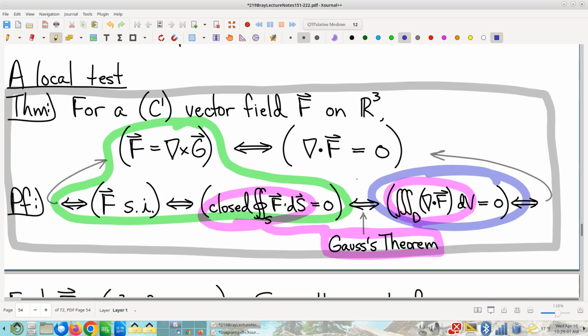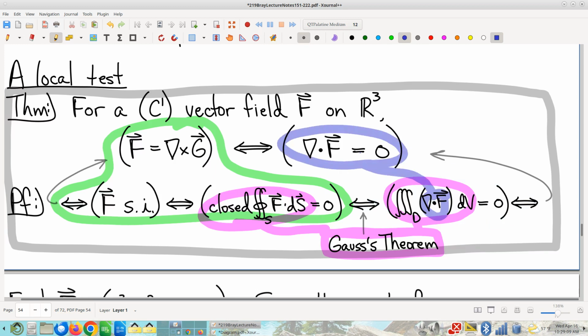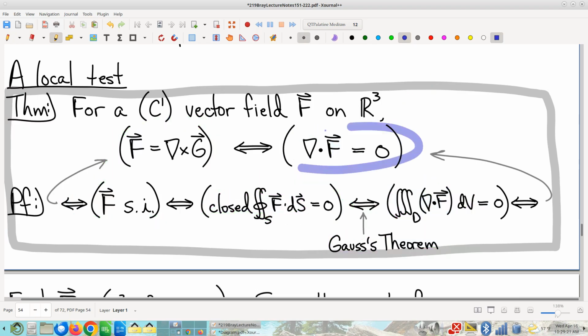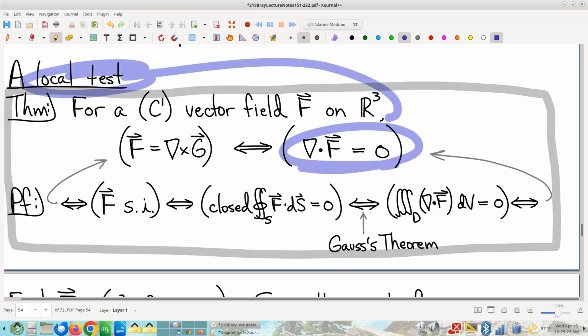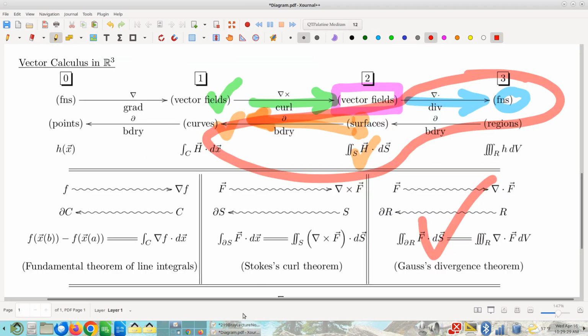How could that possibly be? There's only one way that these integrals could all be 0, and that is if the divergence itself is 0. And so, boom, just as predicted, the divergence theorem is the connection that allows us to see that divergence equaling 0 is our local test for surface independence. Again, just as the diagram predicted.